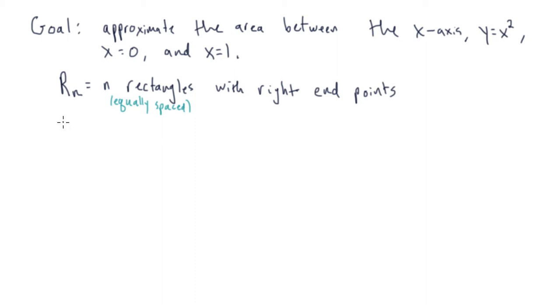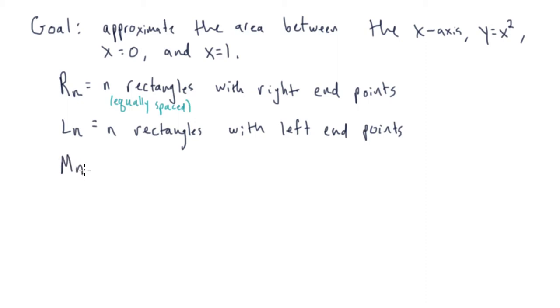I can also use what I'll call L sub n, which will be n rectangles with left endpoints. Again, for all of these, they're going to be equally spaced.